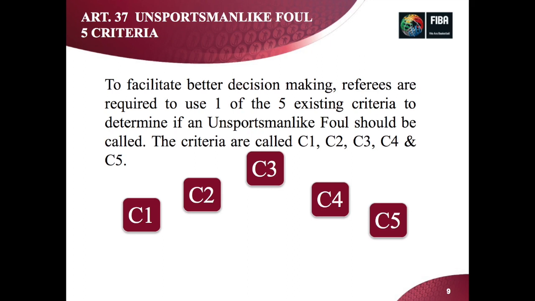So when referees are deciding on unsportsmanlike fouls, they may consider which of the criteria the foul shall come under, and then if they're challenged or asked, they're able to refer to it as the C1, the C2, the C3, the C4, or even the C5. It's tried to make common terminology amongst all involved in the game.